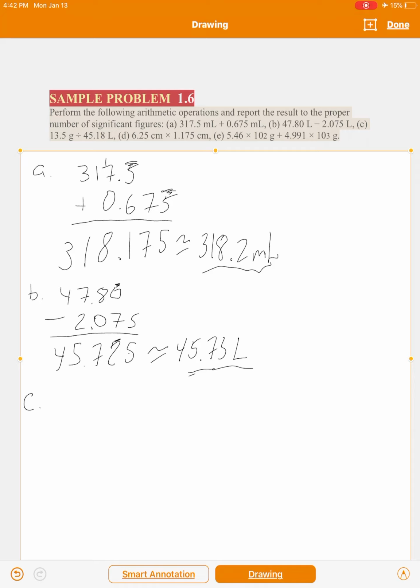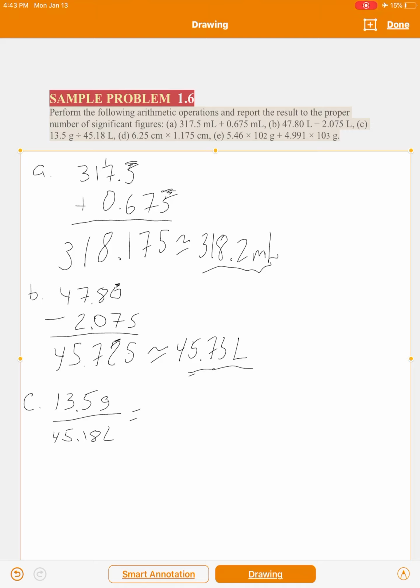In part C, it's 13.5 grams divided by 45.18 liters. So if we're doing multiplication or division, the units don't have to be the same. They do in addition subtraction. Now the rules of multiplication and division are different.